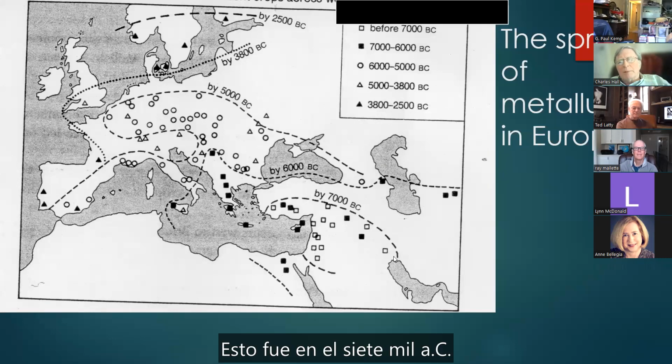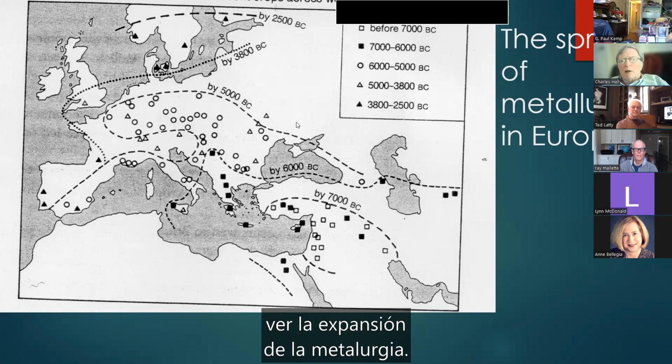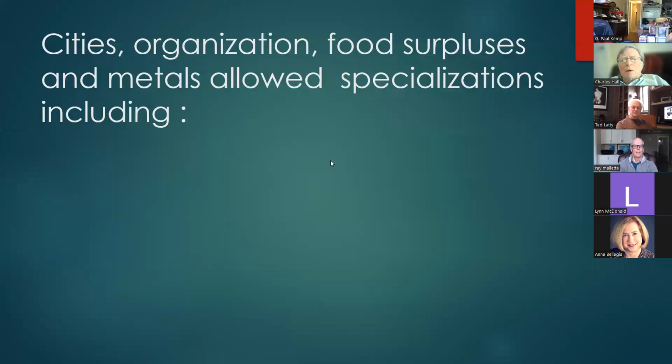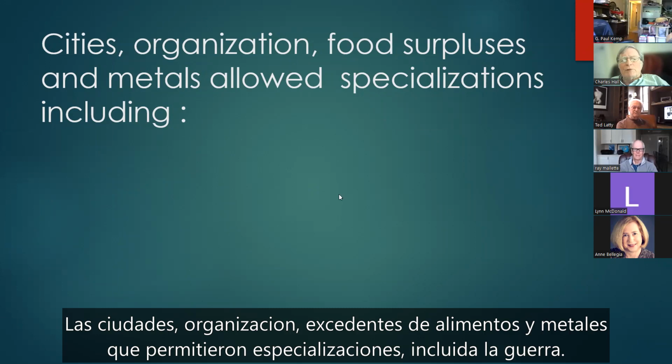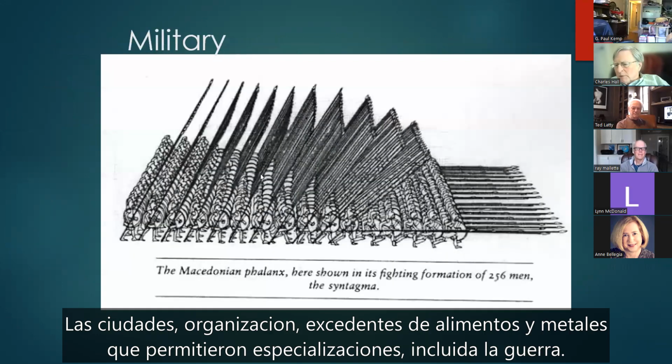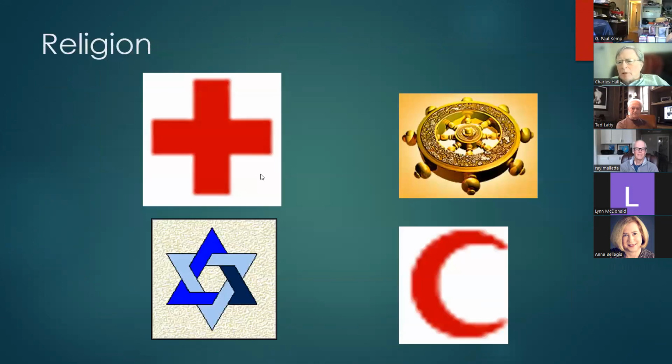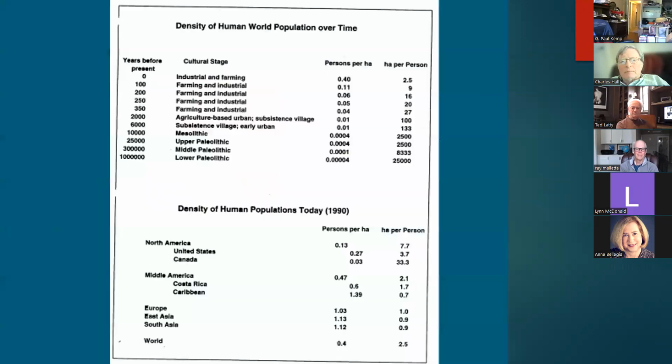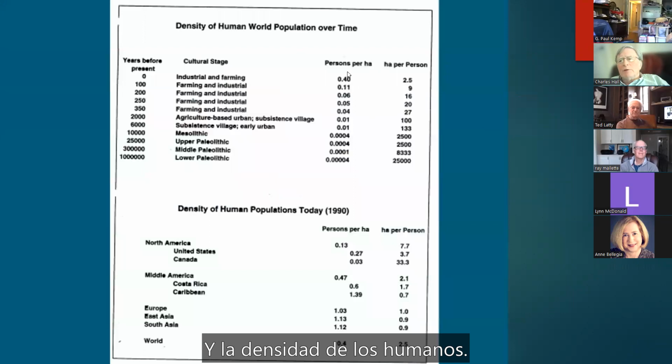This was 7,000 BC and 5,000 BC and 2,500 BC. You can see metallurgy spreading. So cities, organization, food surpluses, and metals allowed specializations, including war, military, religions, and the density of humans.